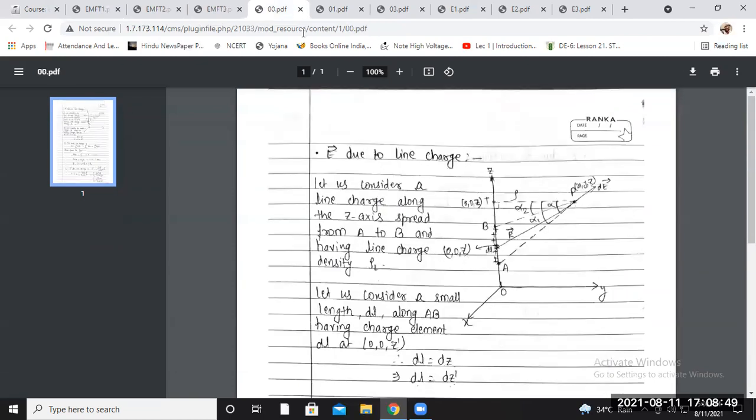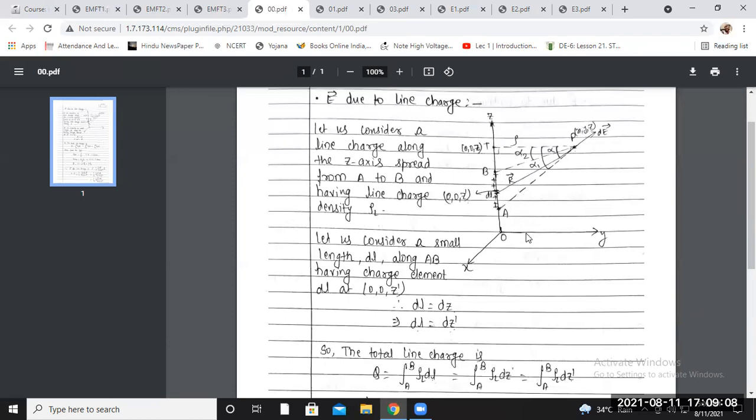Now we were discussing the electric field intensity due to a line charge. Let us take the line charge from A to B, in which positive charges are induced. According to this diagram, let me introduce the theoretical concept here.